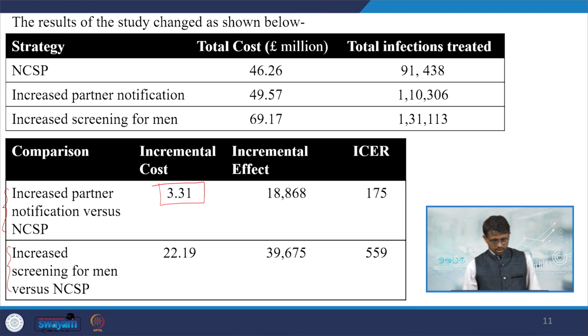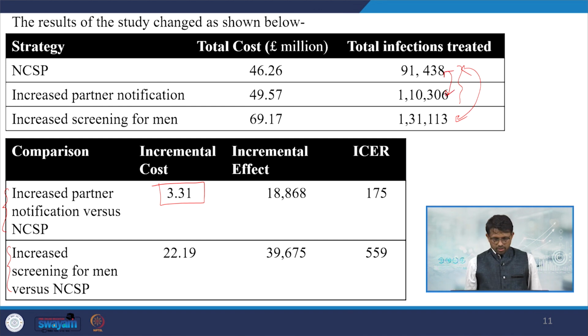And now, the incremental effect is also presented here. Now, the total infections treated and the differences you can also find out. The change for the third one is also given for comparison.